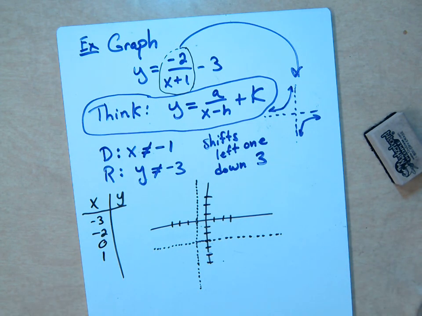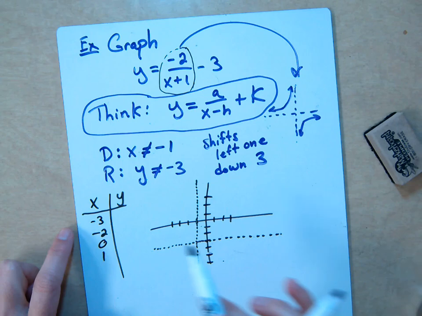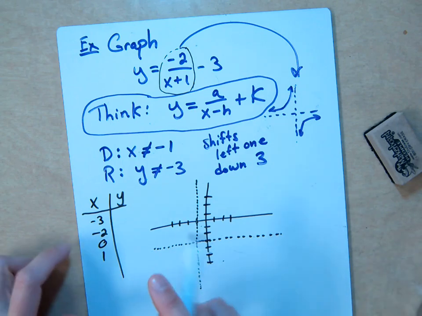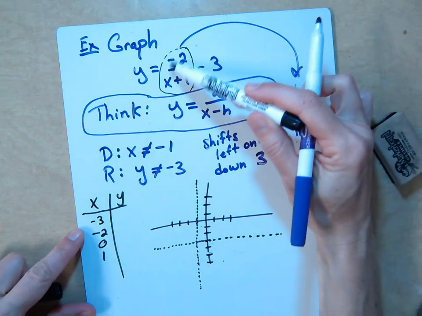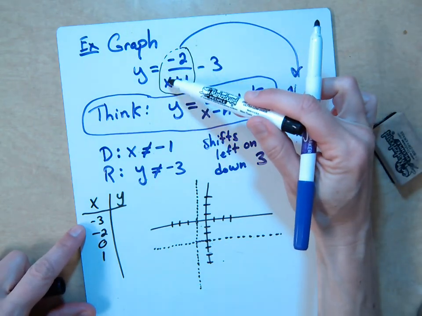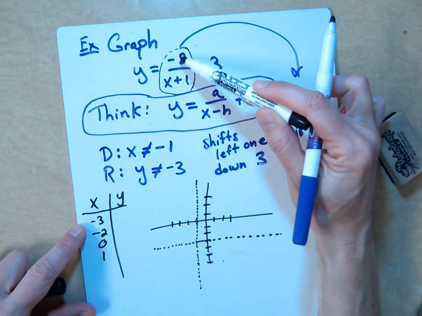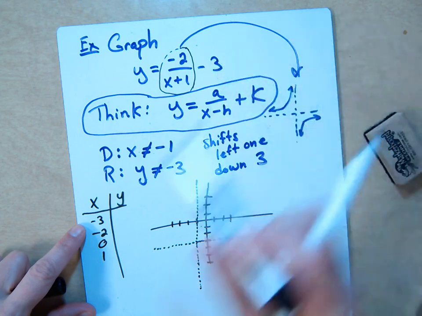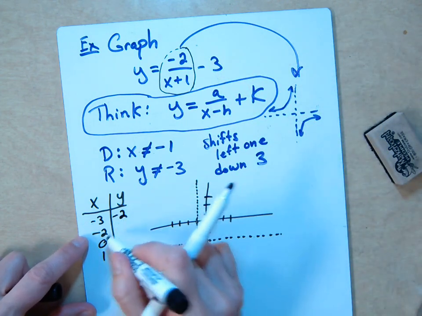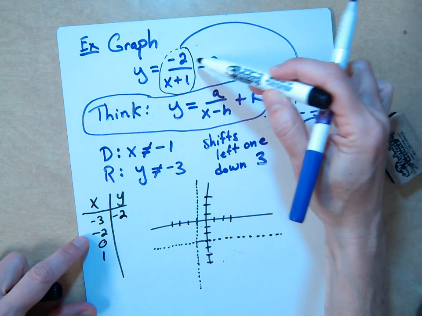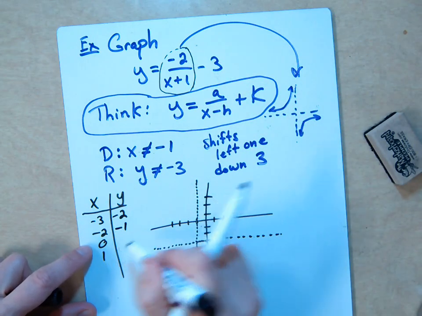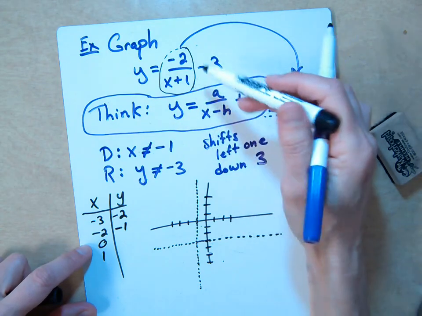Picking those values, plugging them in and plotting those points should be enough for you to be able to graph it. So if we plug -3 in, you can use your calculator if you want. -3 plus 1 is -2, -2 over -2 is 1, minus 3, -2. -2 plus 1 is -1, that's 2, minus 3, -1. 0 is fine to plug in.